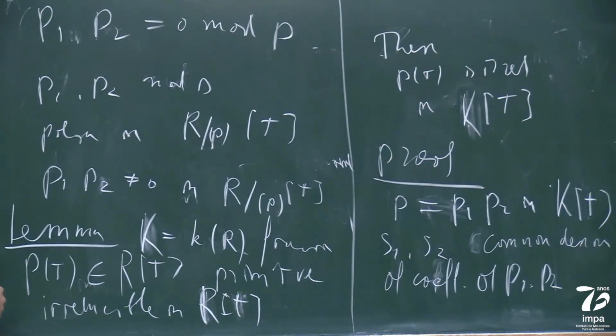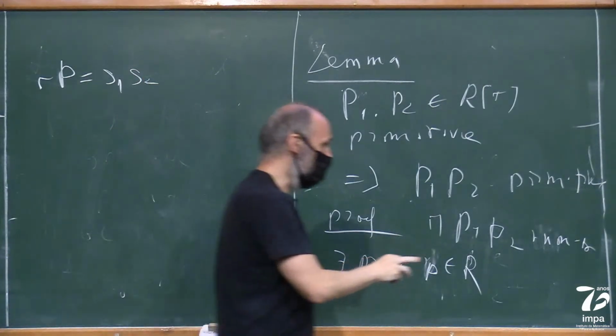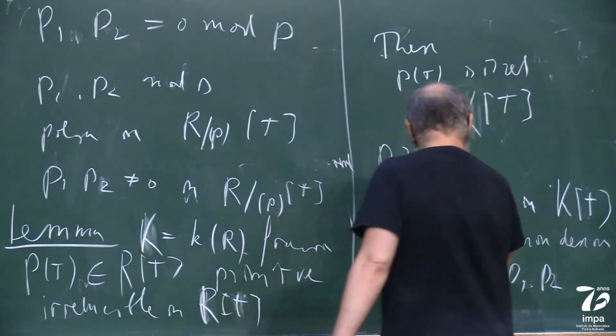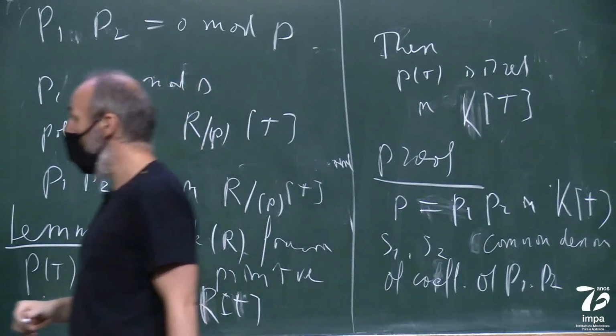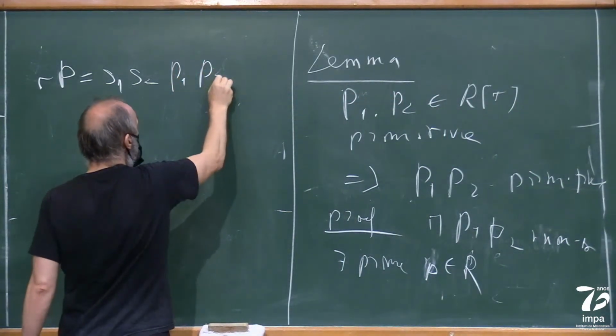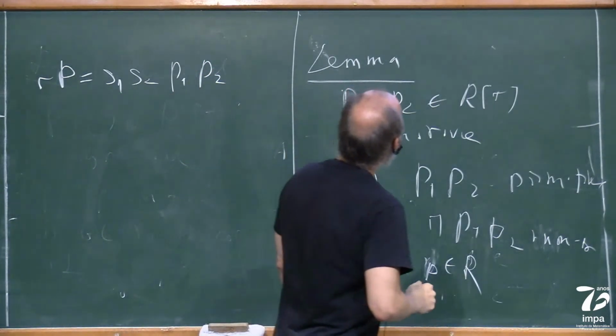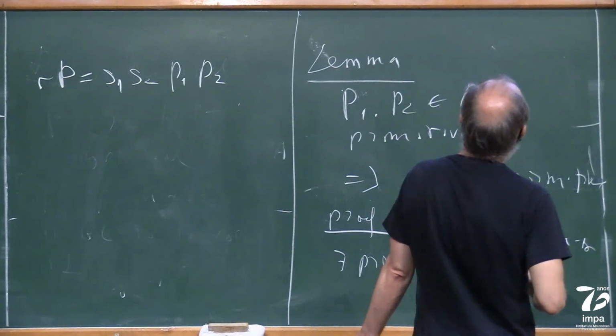So you have R P is equal to S1 S2 times P1 P2, where S1, S2 are the common denominators of the coefficients of P1, P2, and R is obviously their product.